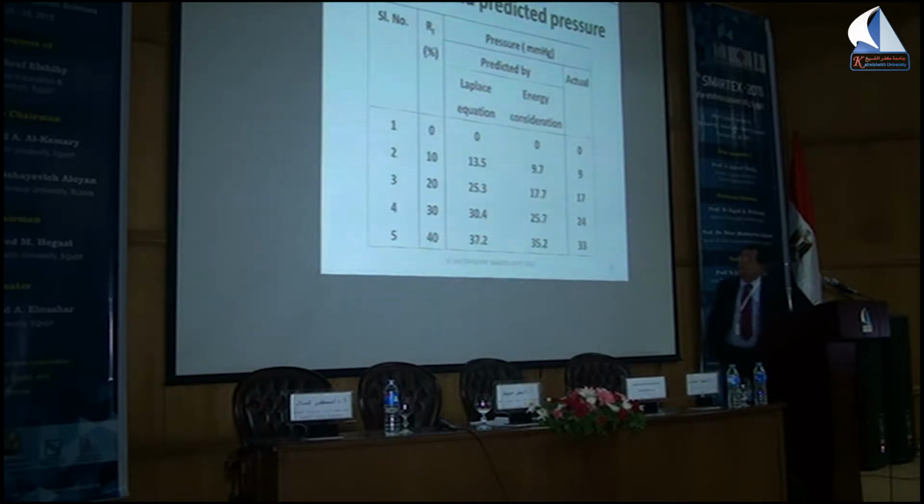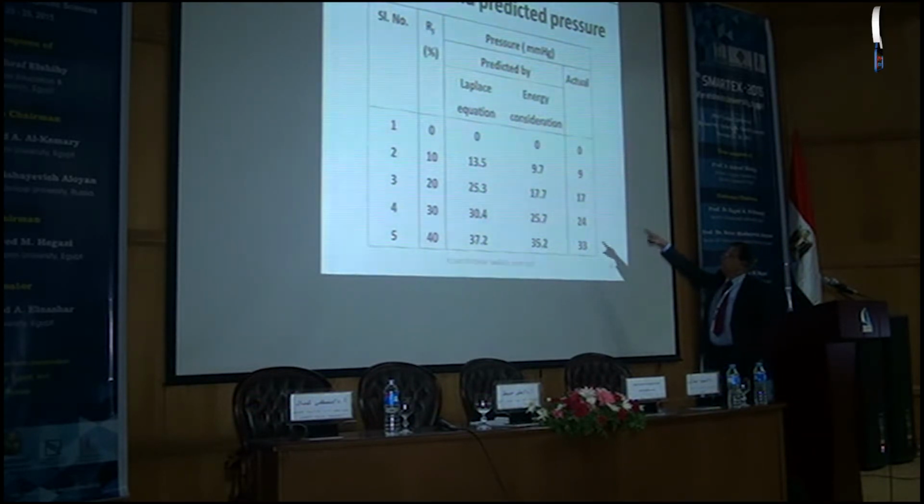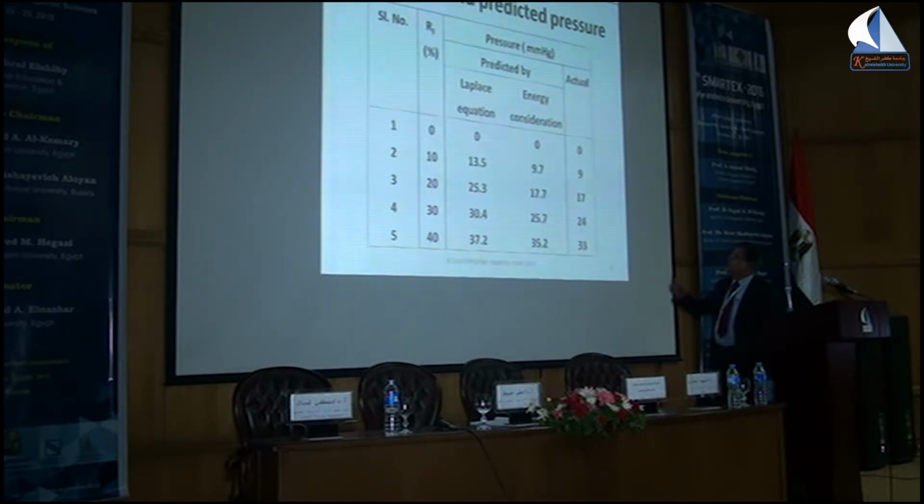And the last table shows the pressure that we can predict based on Laplace equations, based on energy considerations, for different reduction factors. And if you look at these data, you will find that at the reduction factor 10, let us say the energy consideration is giving 9.7, the actual value that we have measured is 9, whereas the Laplace equation gives 13.5.